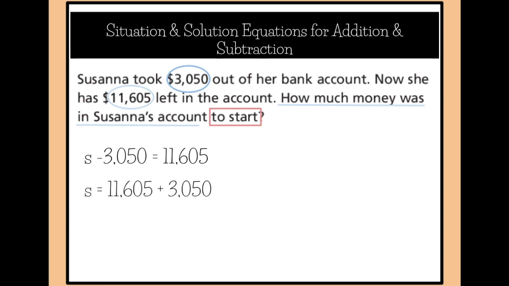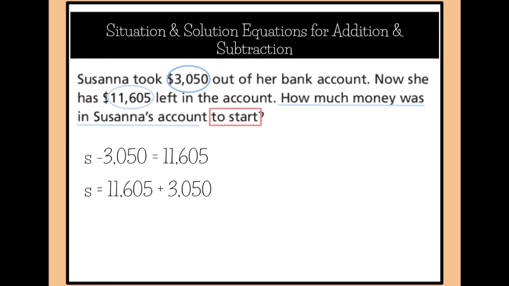The next equation that I came up with was, how do we solve for S? Well, S equals 11,605 plus 3,050. I'm going to use the inverse operation or the opposite of subtraction in order to get my answer. This kind of problem or the operation that leads you to the answer is called a solution equation.